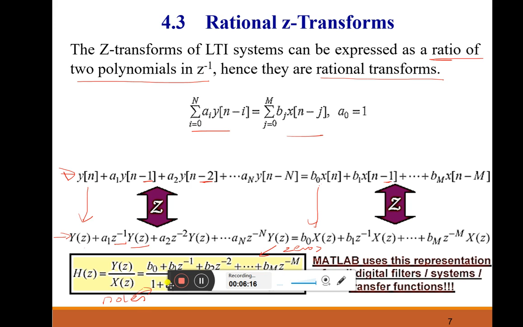Denominator is referred to as poles, numerator as zeros. And H(z) equals to Y(z) over X(z). If you remember from your control principles class, okay, this is a transfer function. So it shows the relationship between the output and the input.